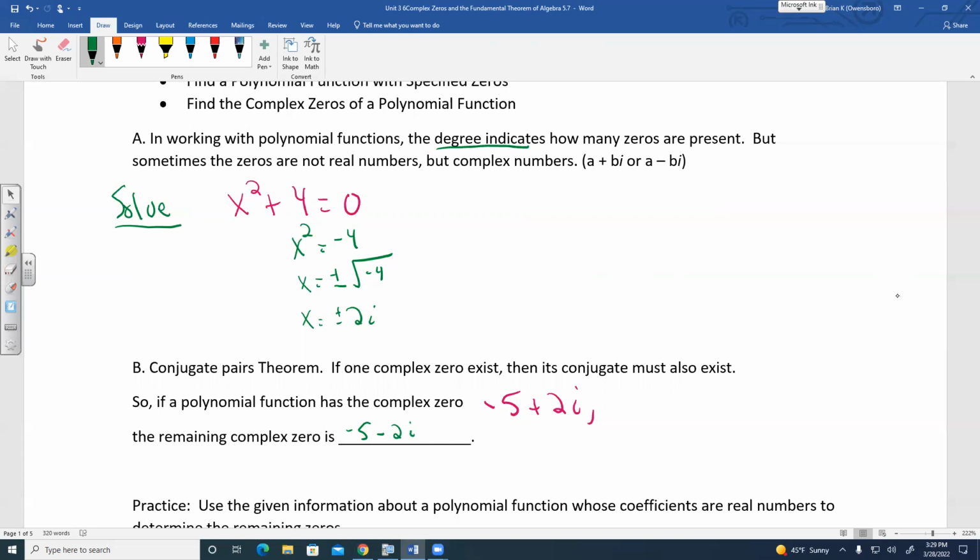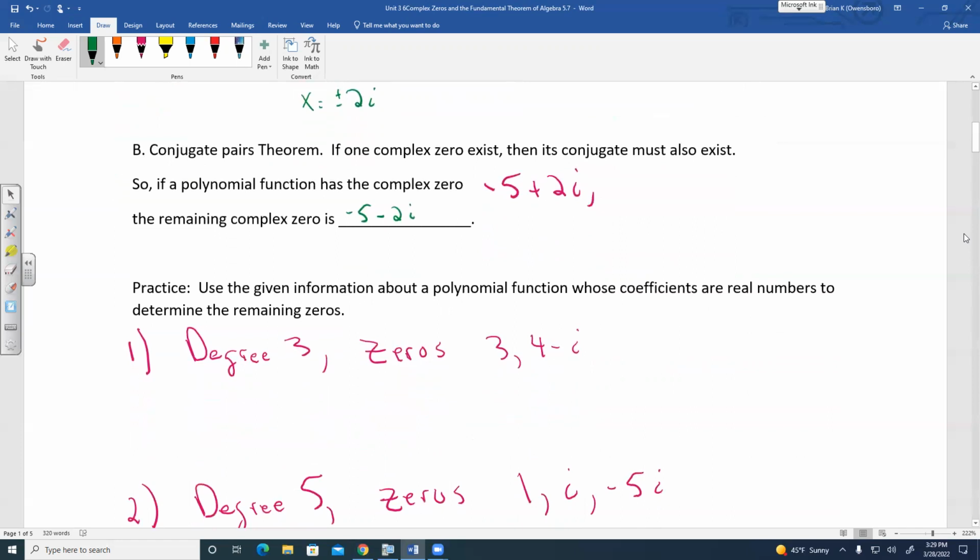So remember, like up here, if I have a plus bi, its conjugate would be a minus bi. If I give you a minus bi, the conjugate is always a plus bi. So notice it's going to be the same terms, but if one's positive, the conjugate's got to be negative. But if the term is negative, then the conjugate's got to be positive. So notice how the -5 and the 2i were present, but notice how the sign in the middle changed from a plus to a minus.